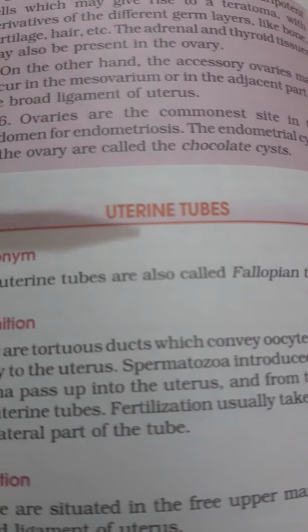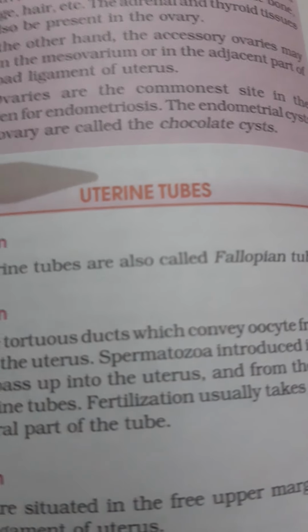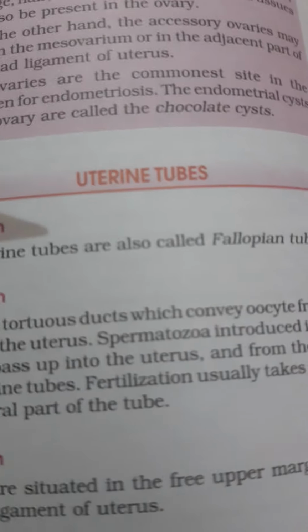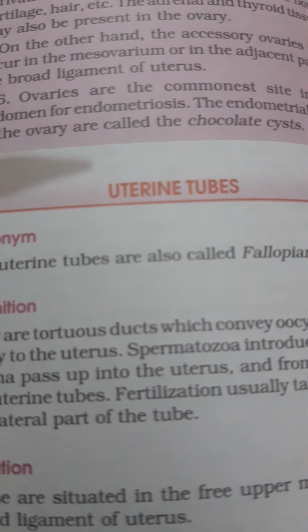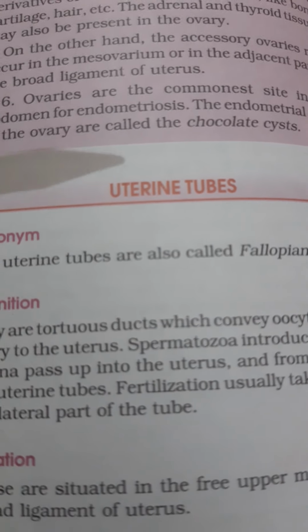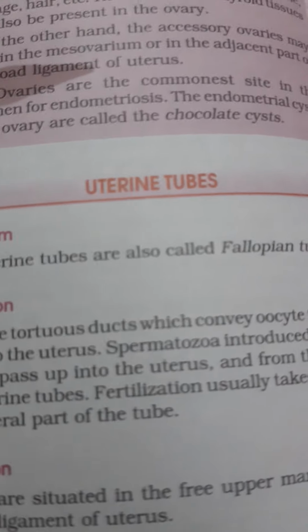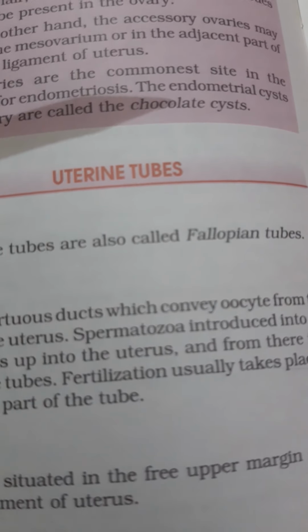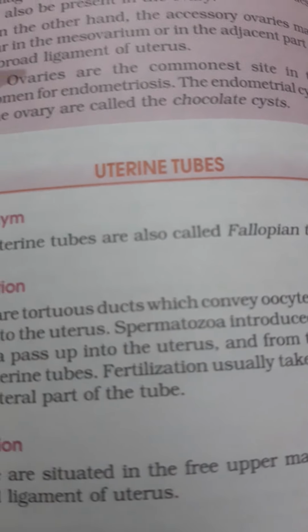So this is endometriosis. You will study about it later in gynecology. Here, for the explanation, endometriosis is the condition in which endometrial cysts occur in the ovary, known as chocolate cysts.